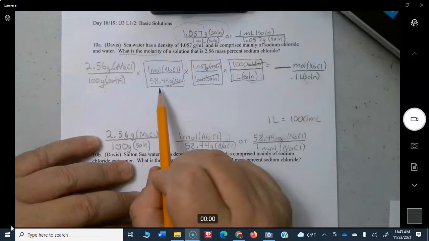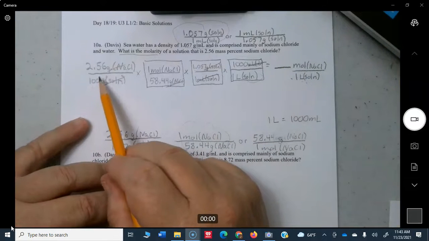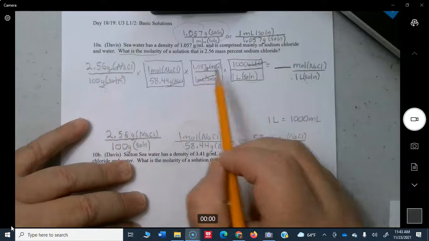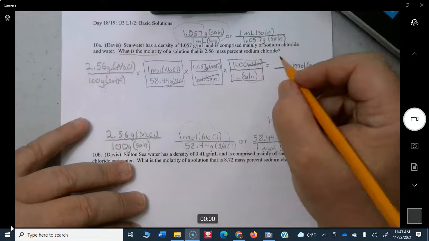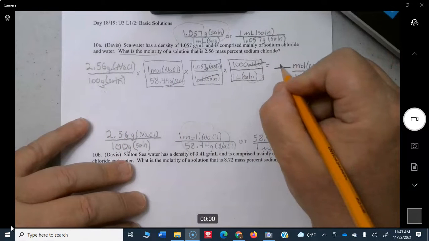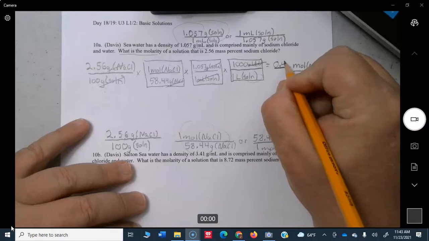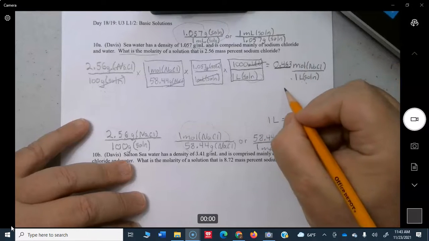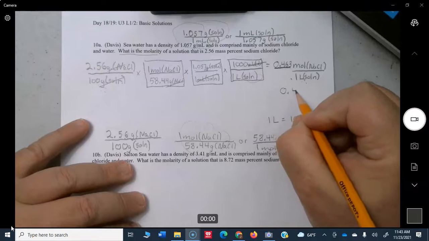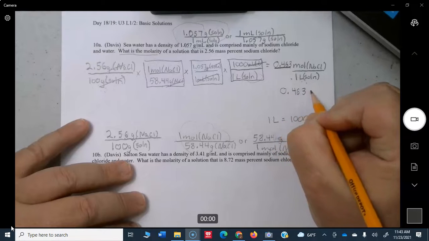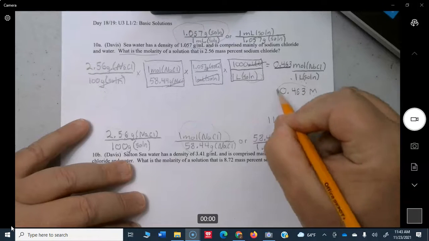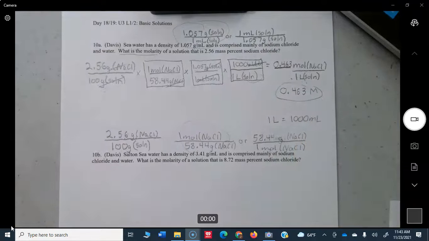Significant figures, if you want to do that: 3, 3, 4, 4, 4. Well, assume 4. So we can go to 0.463. And really the way you should write that final answer is capital M, molar.